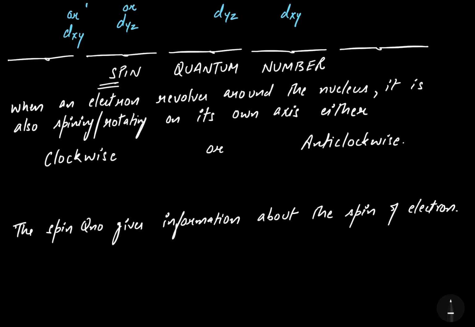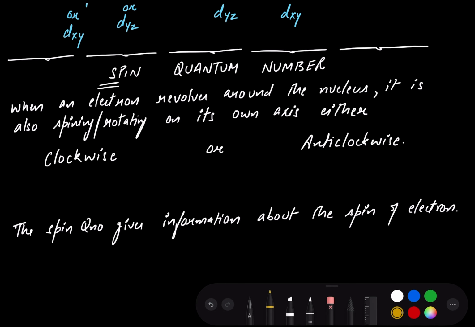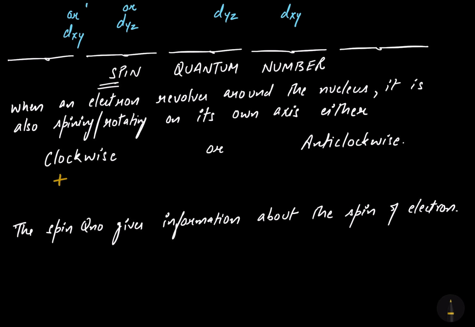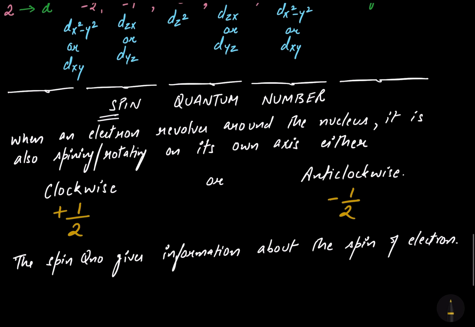Accordingly, it will have only two values: plus half for the clockwise motion or minus half for anti-clockwise motion. The spin quantum number is represented by a small s symbol.